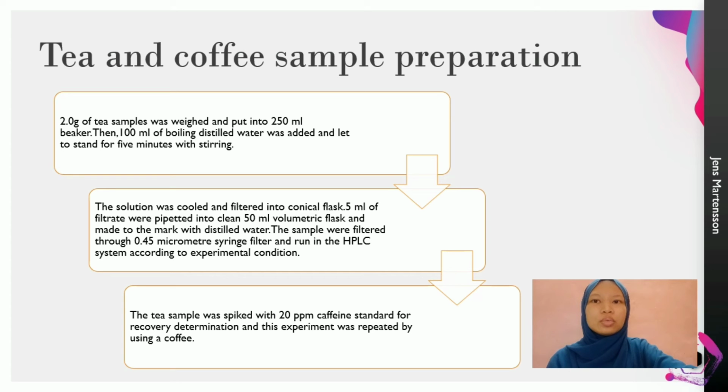The sample was filtered through a 0.45 micrometer syringe filter and run in the HPLC system according to experimental conditions. The tea sample was spiked with 20 ppm caffeine standard for recovery determination, and this experiment was repeated using coffee.